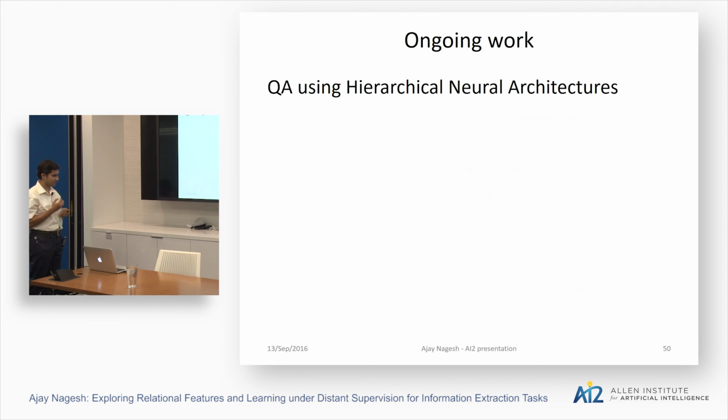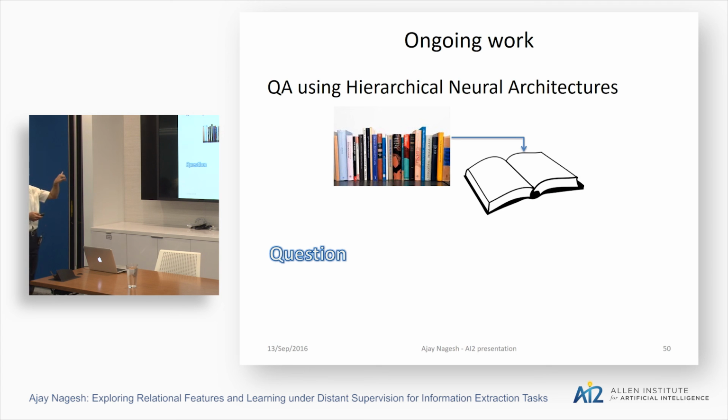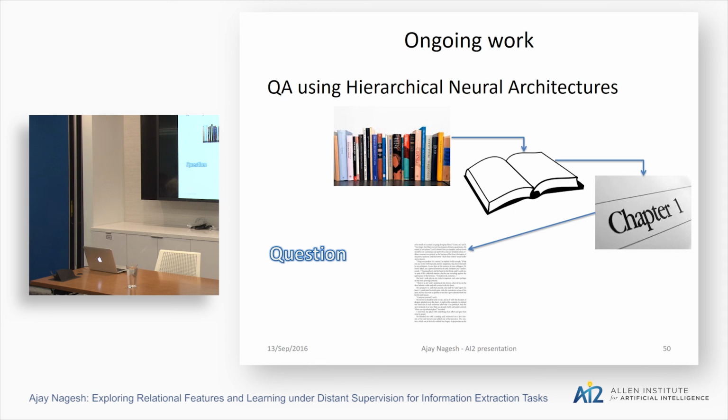And another work that I have started recently that we are very excited about is doing question answering in a hierarchical manner using hierarchical neural architectures. The idea is, given a question, can we drill down to answer the question, from a set of textbooks to the actual textbook to the chapter to the particular paragraph to the answer.